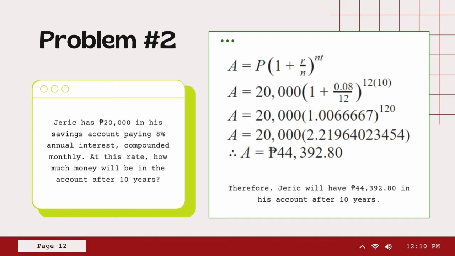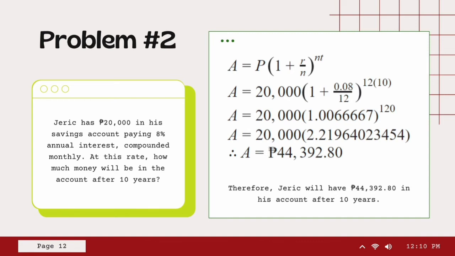First, we substitute the values. It becomes A equals 20,000 times quantity 1 plus 0.08 over 12 to the power of 12 times 10. Next, we do the necessary operations inside the parentheses.